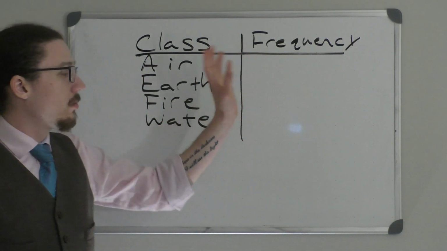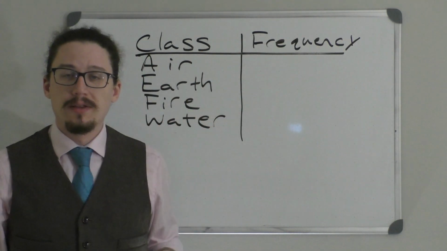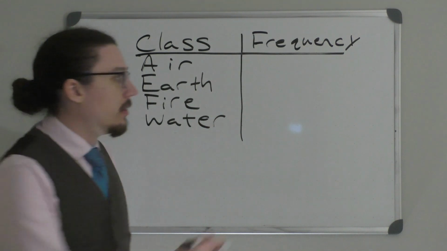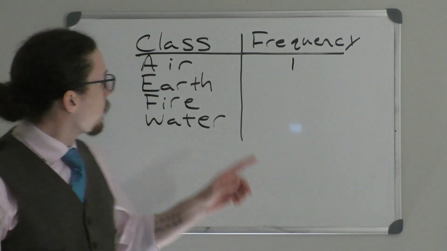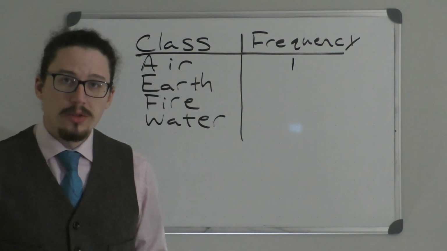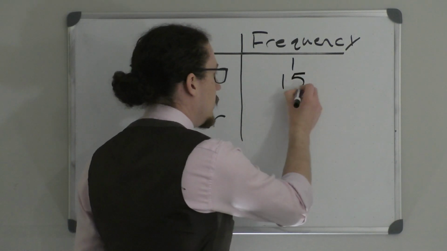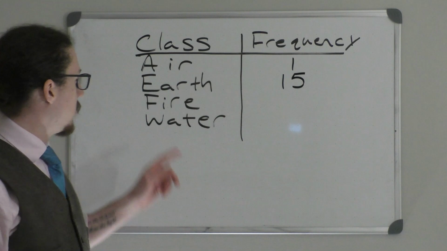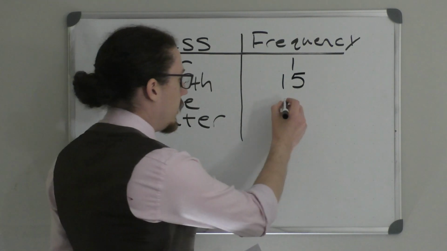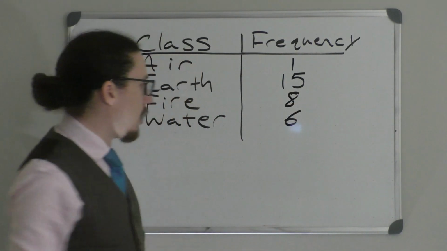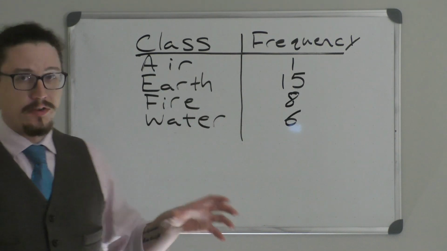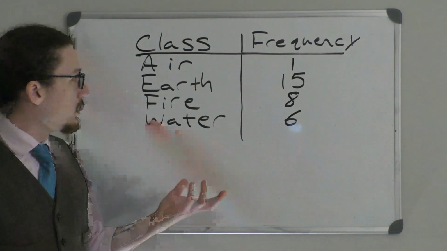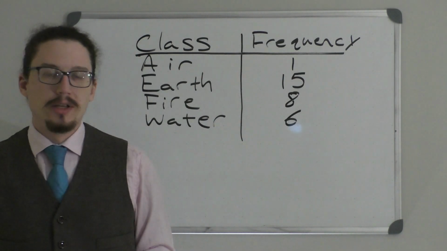For air, once we scan that table, we'll see that there was 1 occurrence of air. We do the same for earth. We see that we have 15 people who said earth. Fire, we had 8, and water, we had 6. So that is a very rudimentary frequency distribution, but that is all there is to it.